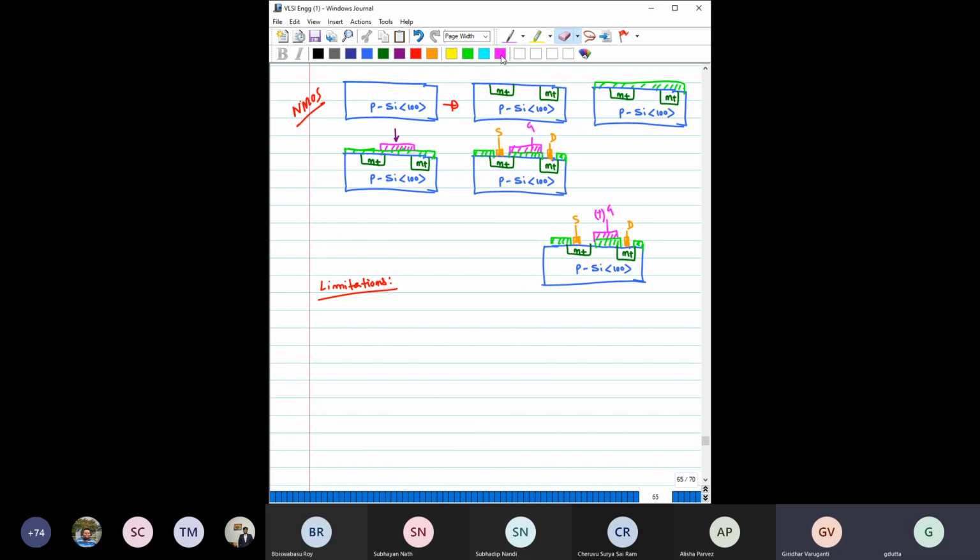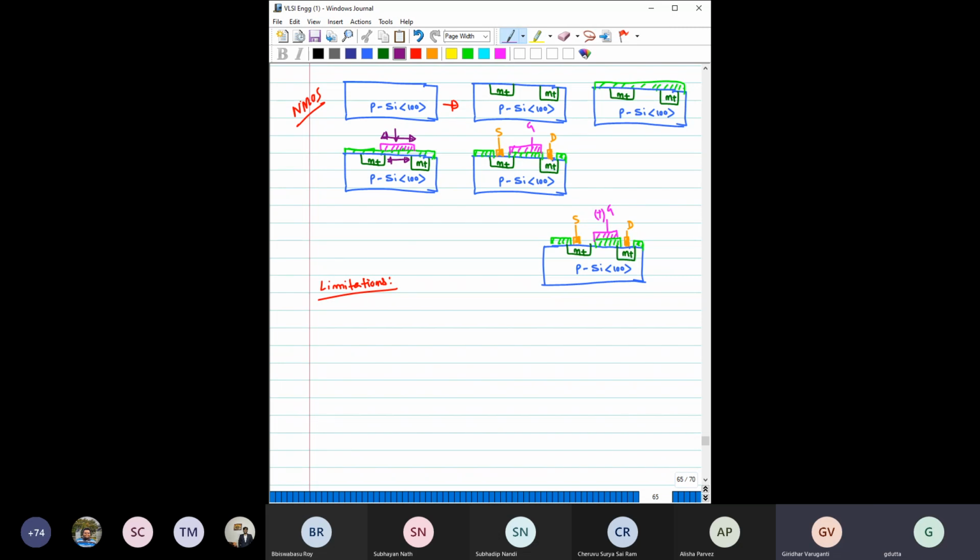So to make the process reliable, you have to intentionally keep this gate metal a bit wider compared to this length, so that you have sufficient overlap on this side and this side, such that even with some tolerance in the error, you end up with a structure like this, not like this. So you have to make this overlap quite extensive so that you can make a realistic device.